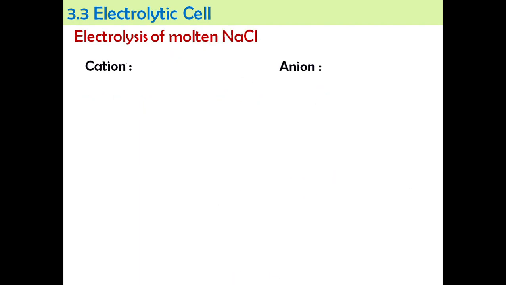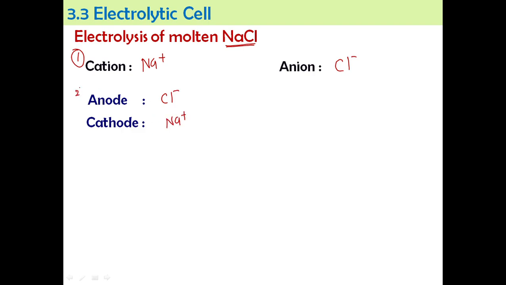So first, please recognize what cation and anion exist in NaCl. So, kita ada Na plus sebagai cation dan Cl minus sebagai anion. Okay. So, yang kedua, kita tahu cation akan pergi cathode, anion akan pergi anode. So, at anode ada Cl minus, at cathode ada Na plus.